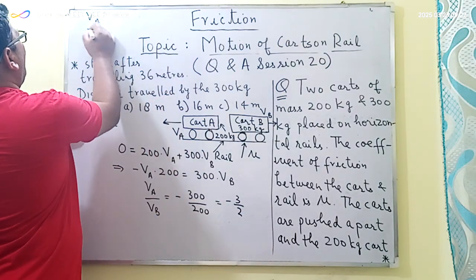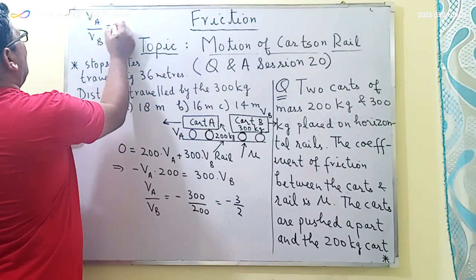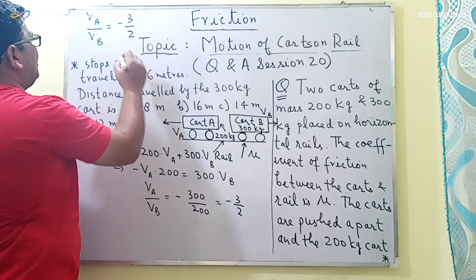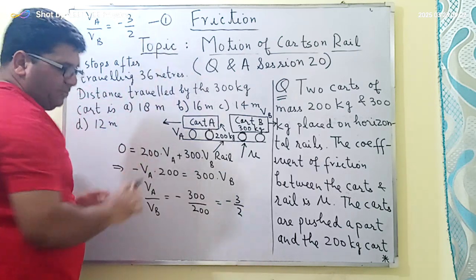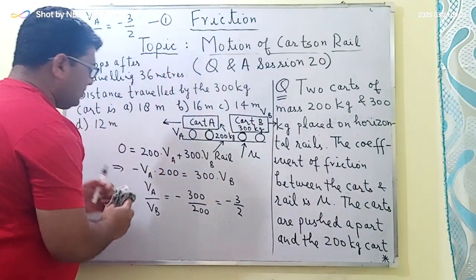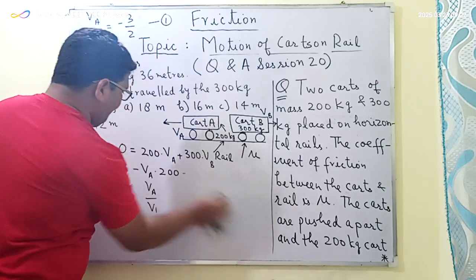So VA upon VB is equal to minus 3 by 2. This is the first relation which we have got by using the law of conservation of momentum.